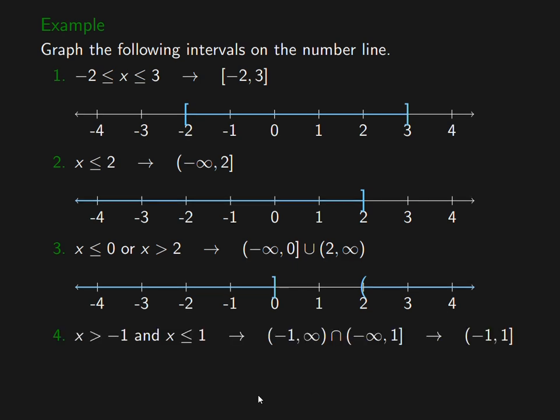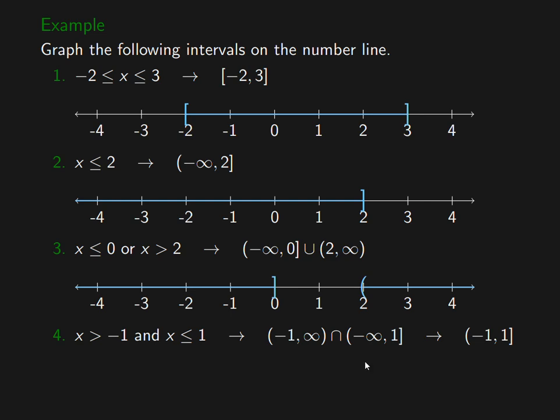And finally, x greater than minus 1 and x less than or equal to 1. This is the intersection of two sets, where the first set is from minus 1 to infinity, but minus 1 doesn't satisfy this inequality, so we'll use a left parenthesis.